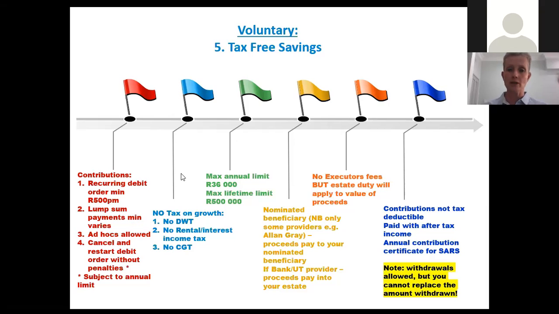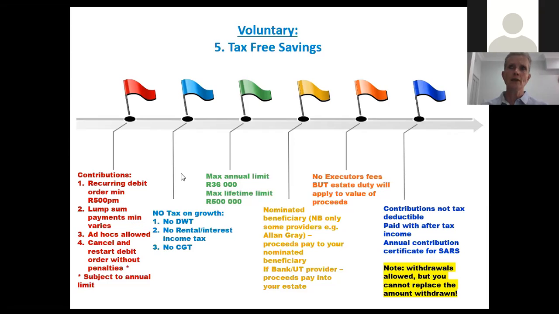For example, with Discovery, you cannot nominate a beneficiary, it would form part of your estate. So with a bank or a unit trust provider, remember the proceeds will actually go back into your estate late account as if it was a bank account, which makes no sense to me at all, because then whoever is going to inherit it, which you could have nominated on one of the other platforms, would have to wait for that money.